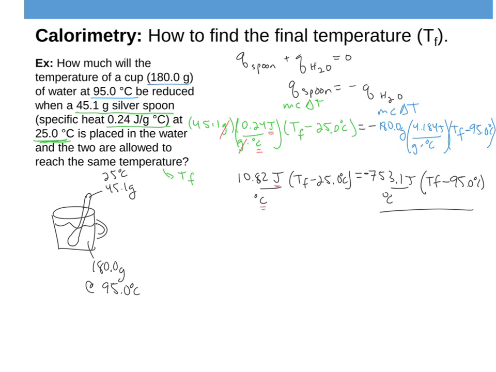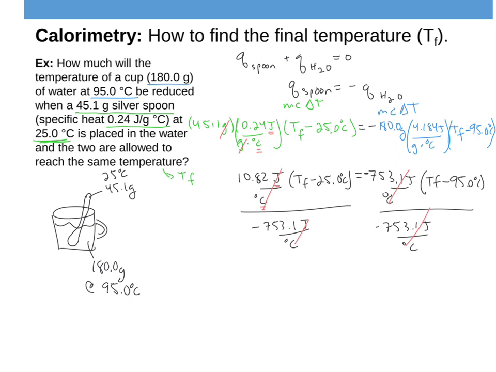So I'm going to divide both sides by negative 753.1 joules per degree Celsius. And this is all just algebra that I'm doing. I know that it looks kind of like I'm doing craziness, but I'm just doing algebra. So now those units cancel right there.